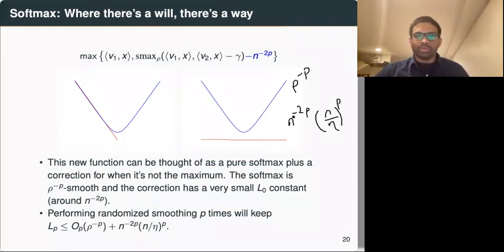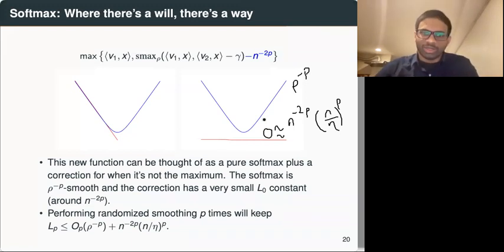Now n to the minus 2p is going to completely swallow this whole thing, so it's basically 0. The LP constant of the smoothing of the non-smooth part is approximately 0 because n to the minus 2p is completely canceling out n to the p and eta to the p.